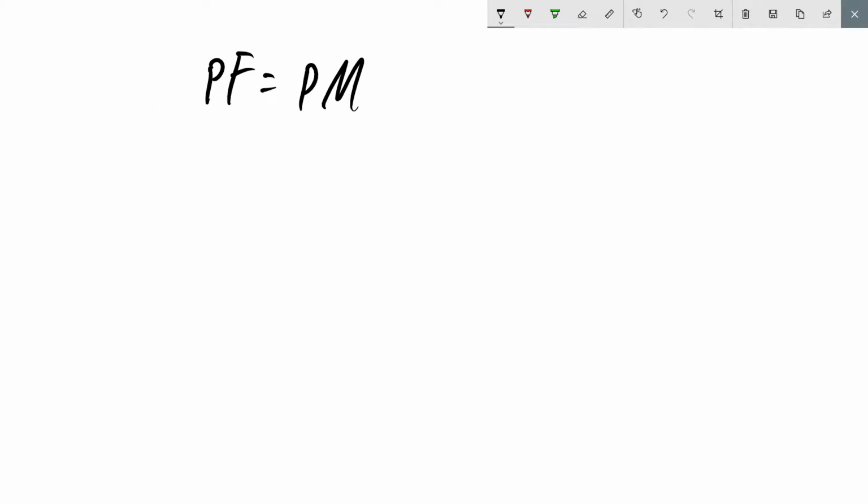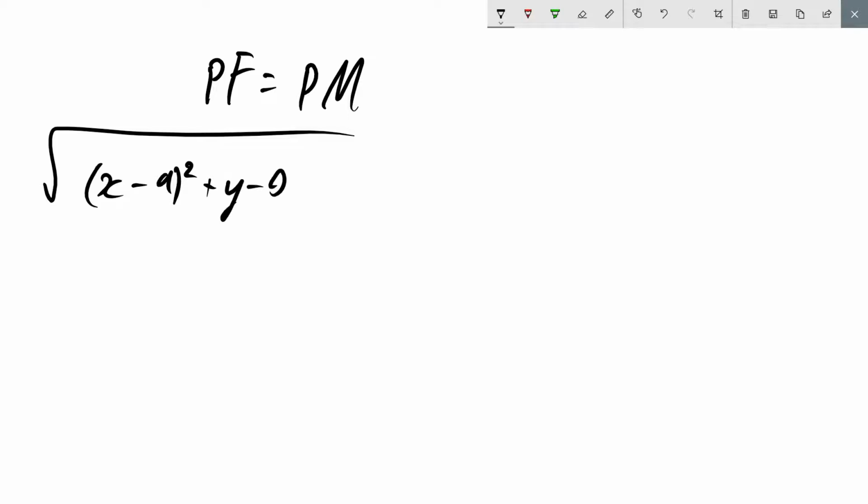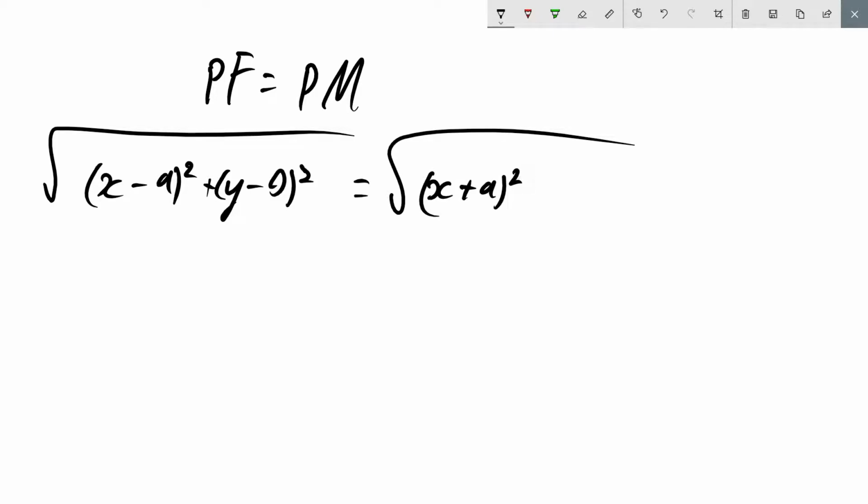Alright, let's set up our distance equation. So the square root of, the focus is x minus a squared plus y minus 0 squared is going to equal the square root of x plus a, because remembering the directrix is minus a, squared, plus y minus y squared.